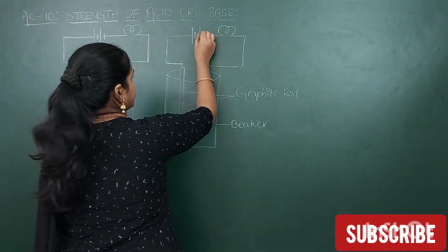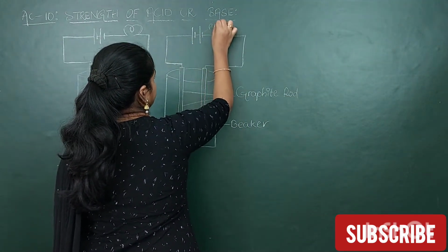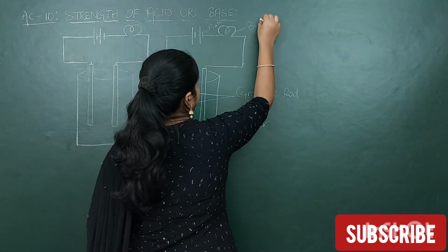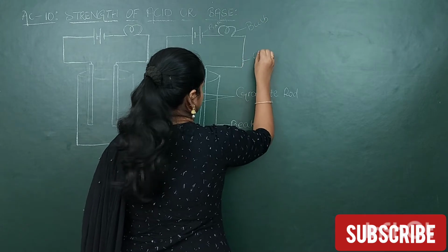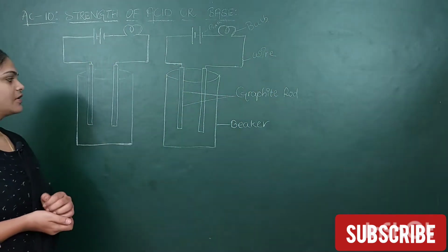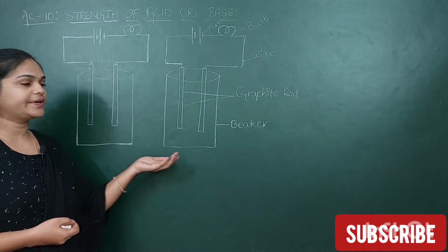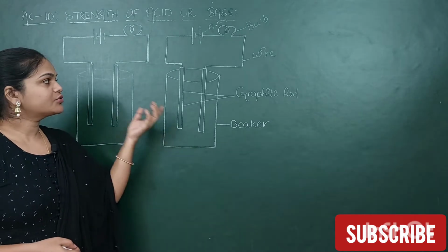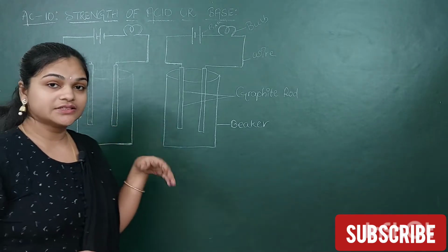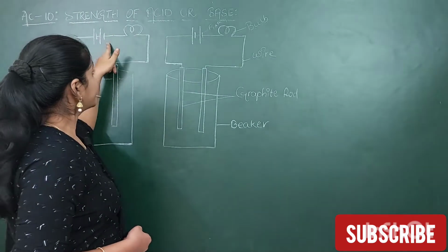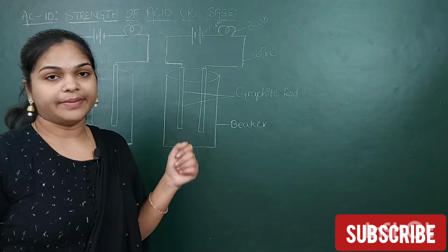Here you take a battery and here you place the bulb, and this is the wire. Firstly, you take 2 beakers and 2 graphite rods, and those graphite rods should be connected to a battery, and to one end of it you keep a bulb.